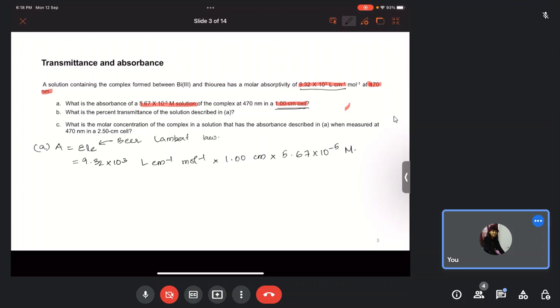All these units cancel out, and we have seen in the lecture that absorbance is a unitless quantity. Upon doing the calculation, this is going to become 0.528.